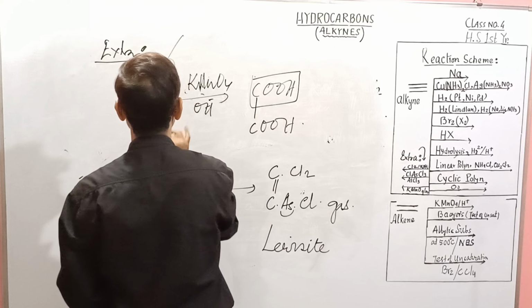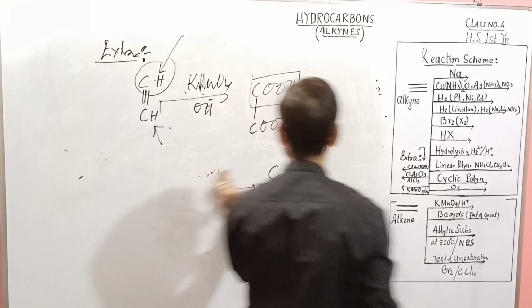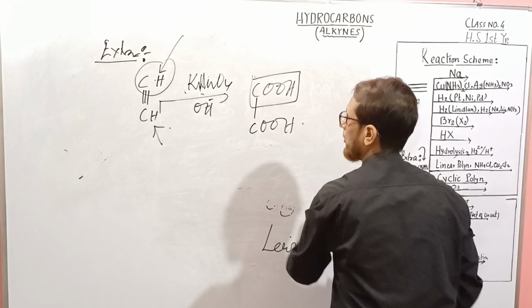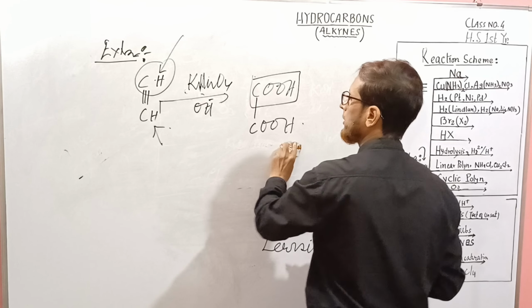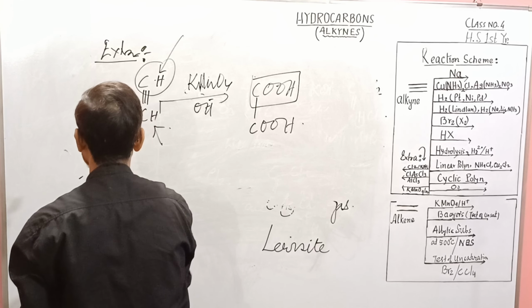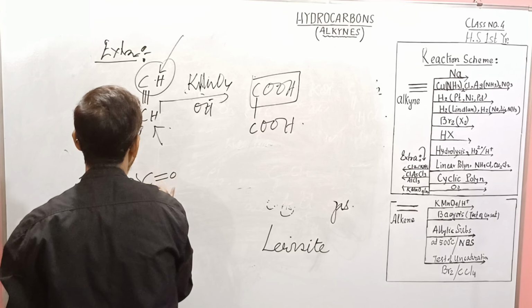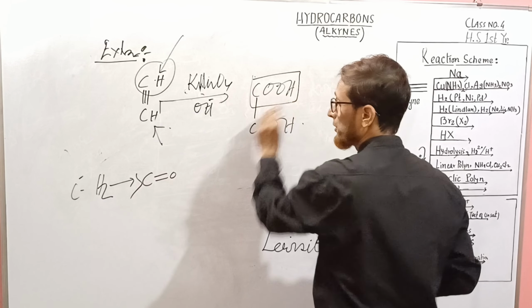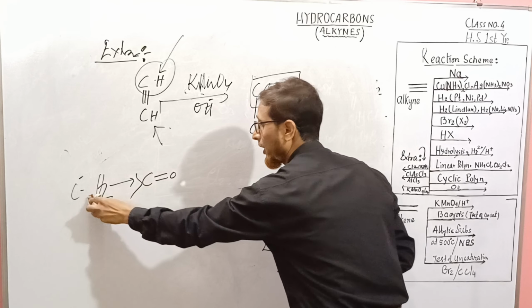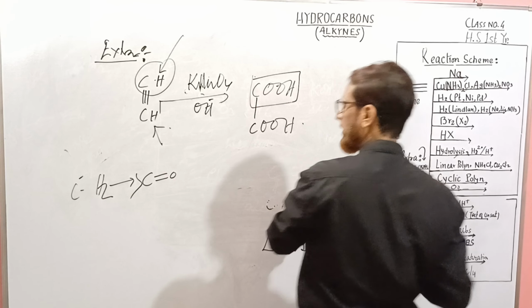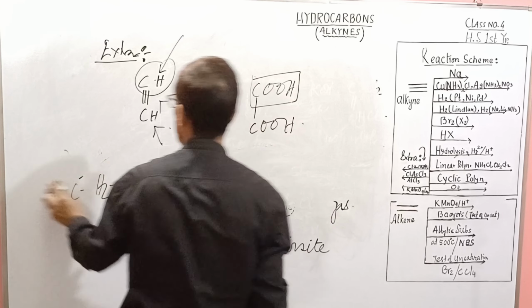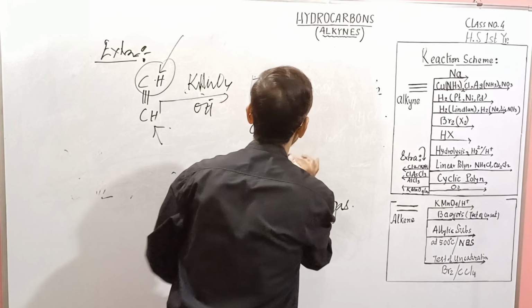One hydrogen on the carbon with KMnO4 gives COOH. If there are two hydrogens on the carbon, that will give C double bond O, a CO. This is oxalic acid.